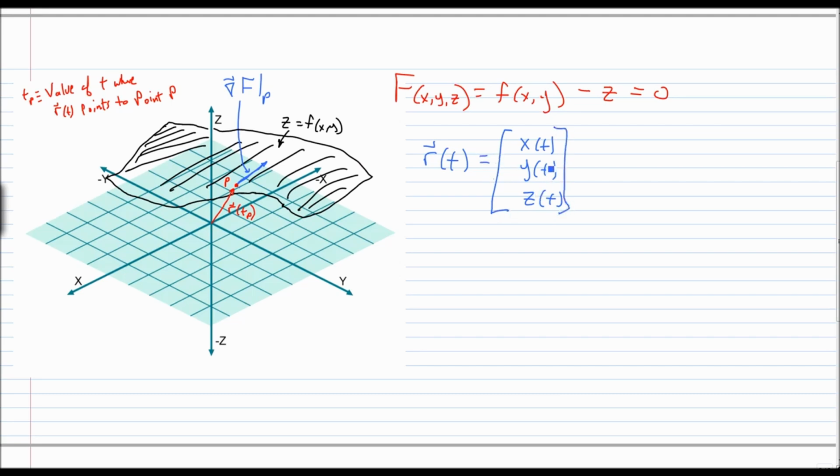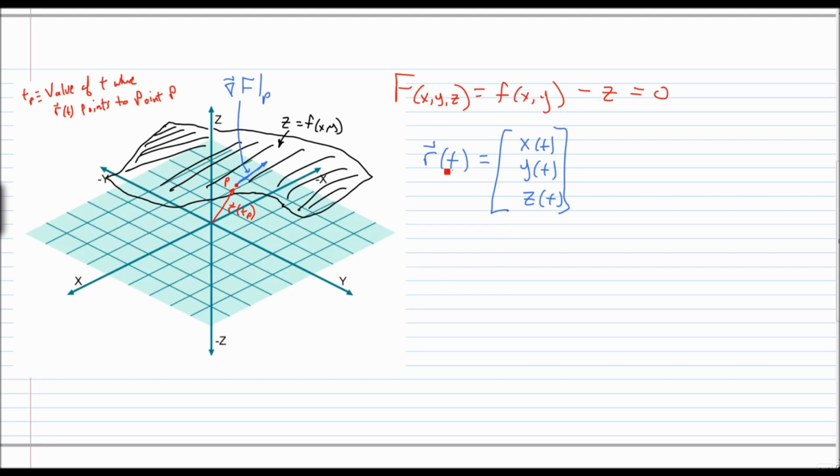It's just a regular parametric equation, like we've done before, where there's just one parameter. Maybe there's a curve that goes along this surface, goes past point P, and this position vector points to a point on that curve that crosses point P on this surface.